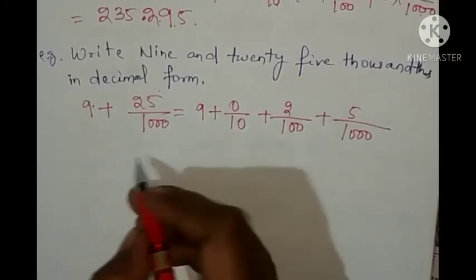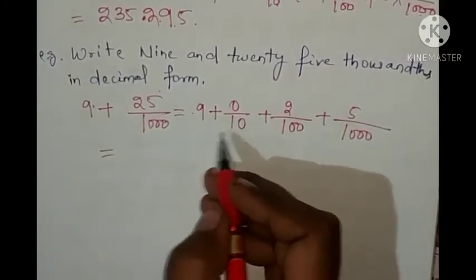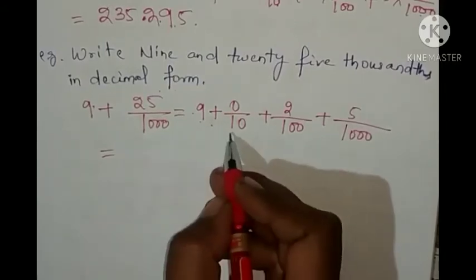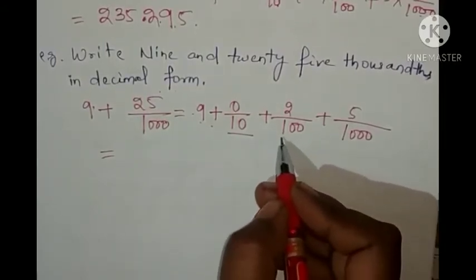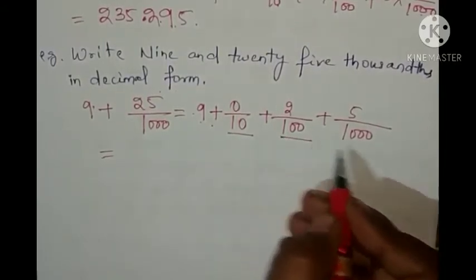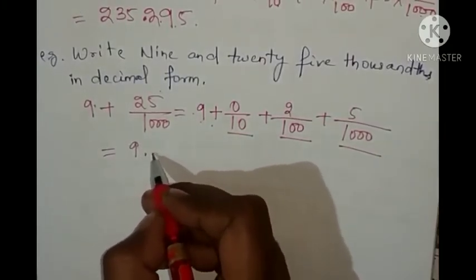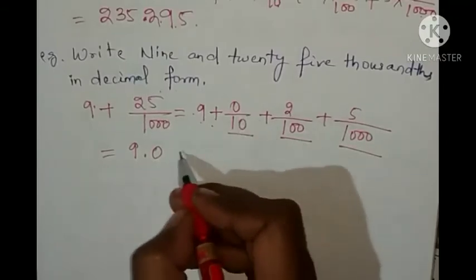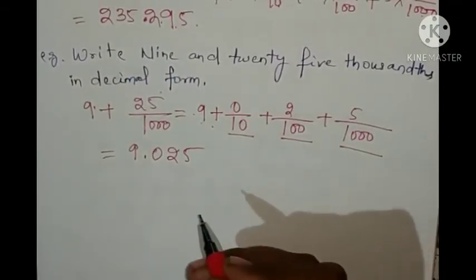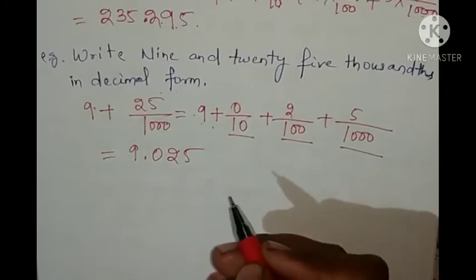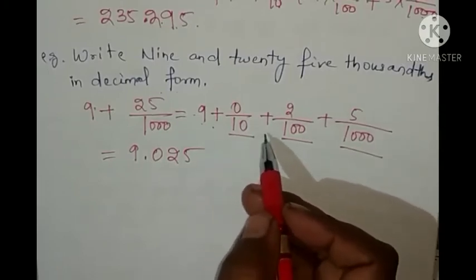Okay, so 9 is in 1's place, 0 is in 10th place and 2 is in 100th place, 5 is in 1000th place. So you can write 9.025.